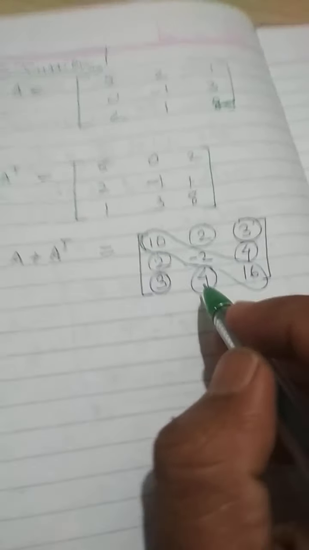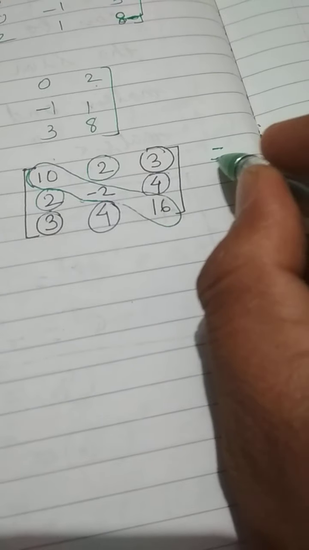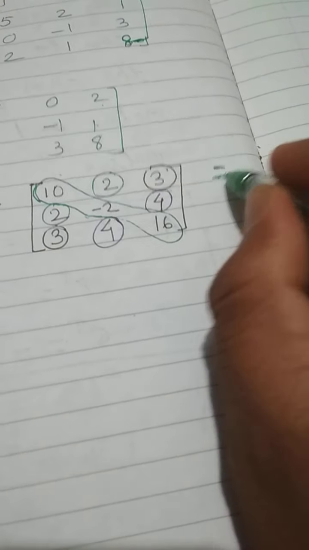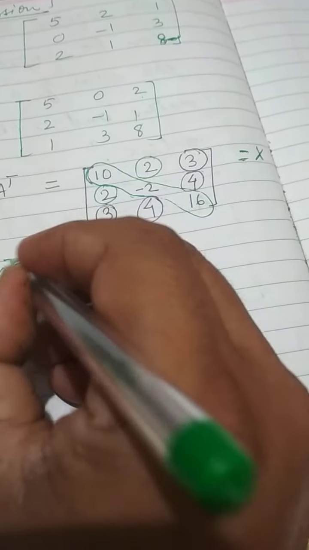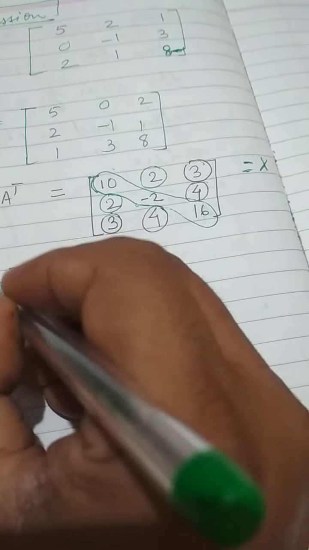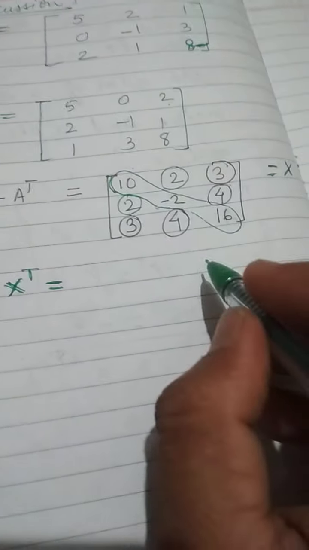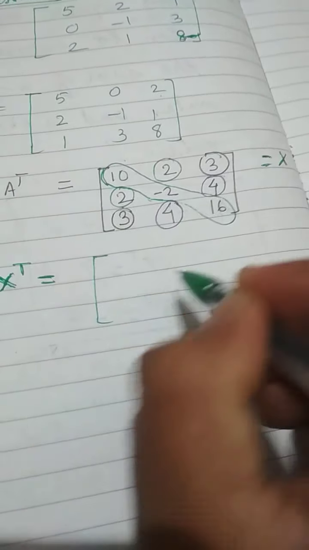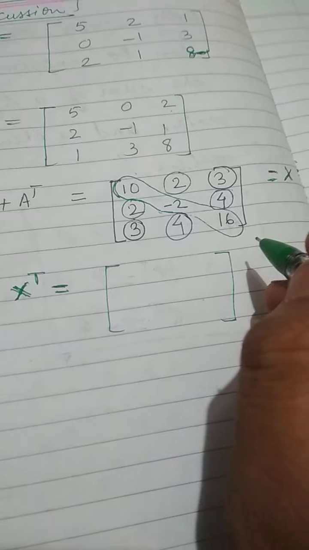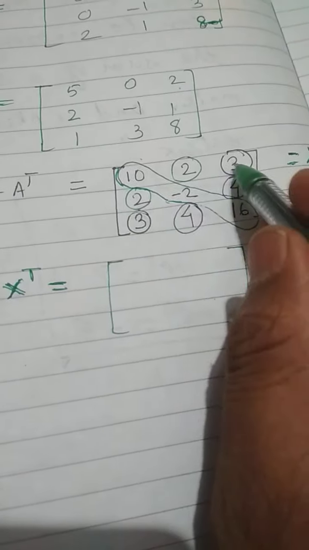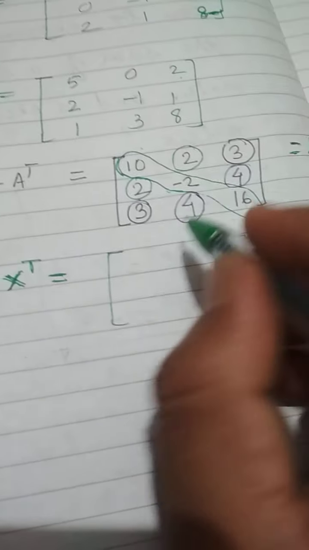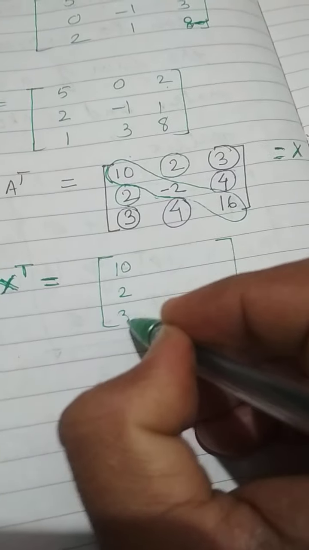And now if you calculate, suppose this matrix is, say, this matrix is X. This matrix is equal to capital X. Then what is X transpose? To your surprise, you note it down that this X transpose is itself only, because the first row and first column are exactly the same.